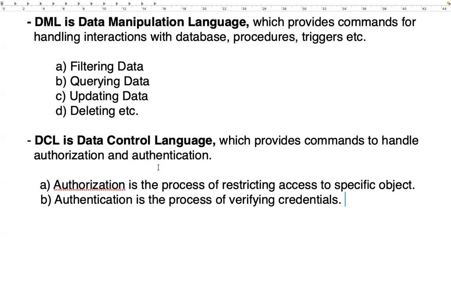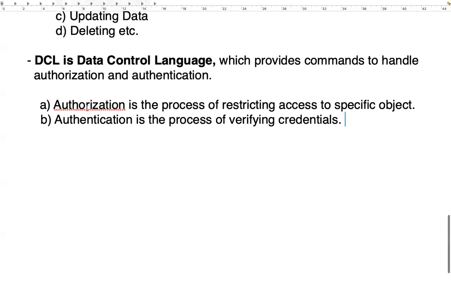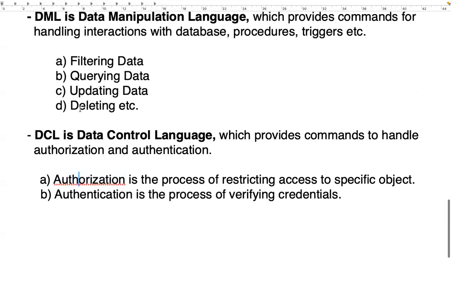If authentication is passed, then you are authorized. That is the difference between authorization and authentication. Later we will learn about it in detail, but technically there is a difference.